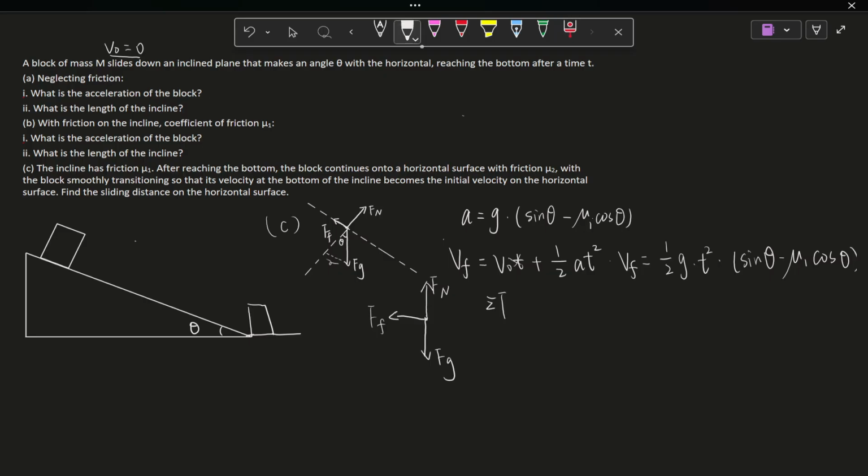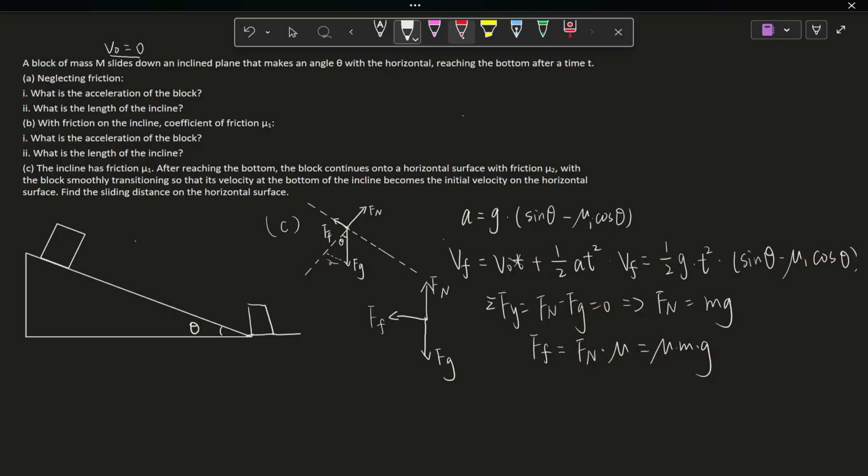Or I can write Fy equals 0, which is Fn minus Fg equals 0, so we get Fn equals mg, because Fg is equal to mg. And then we can get the friction force, Ff, which is equal to Fn times mu, right here mu times m times g.